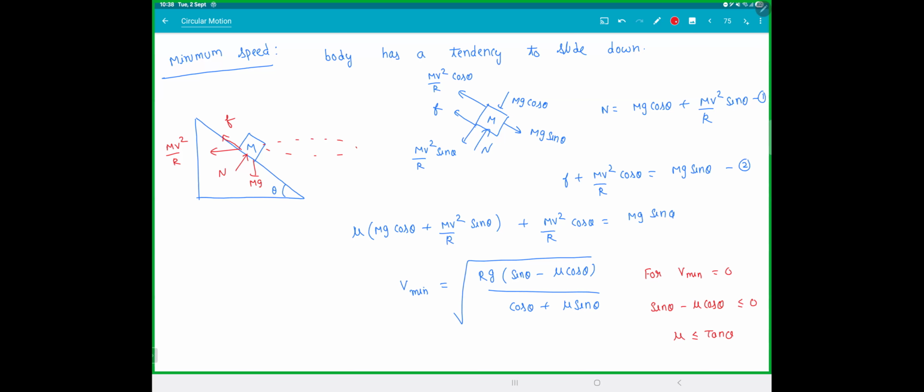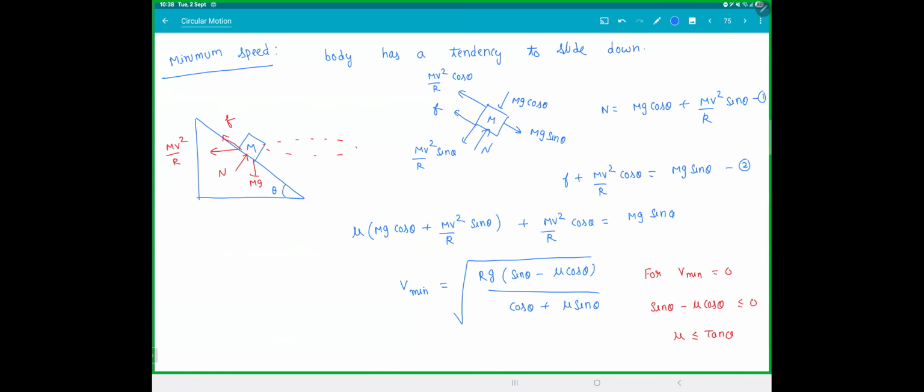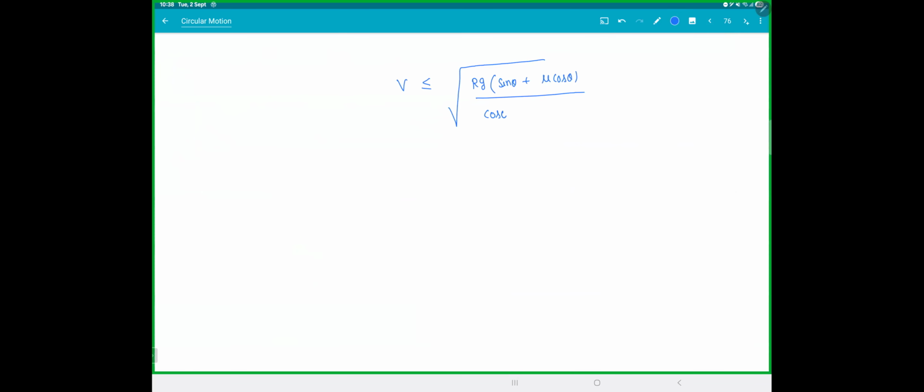So now when you combine both of them, your final answer will look like this. Whenever you have a banked road which is also rough, the answer lies between the lower limit and the upper limit, which is root Rg times sin theta plus mu cos theta by cos theta minus mu sin theta. This is the upper limit of the speed. You can make it simpler.